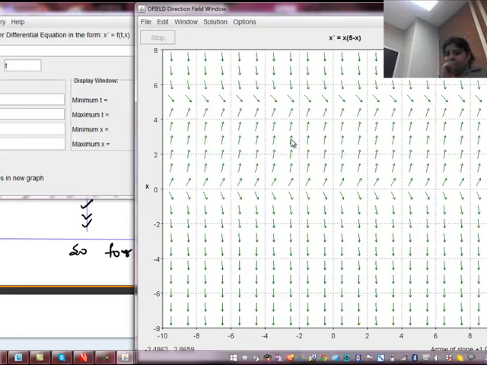Okay, now it makes sense. The calculation was telling us that if we are closer to 5, it will go towards 5. When I clicked there, I saw that it is going away from 5, so I thought there was some problem. So I went back and checked my differential equation, and it was 5 minus y. Now I can see that if I start closer, it is going towards 5, and if I go from the top, it is again going towards 5.